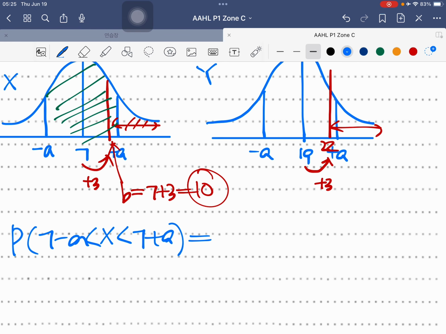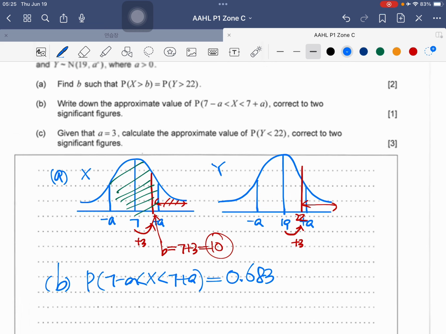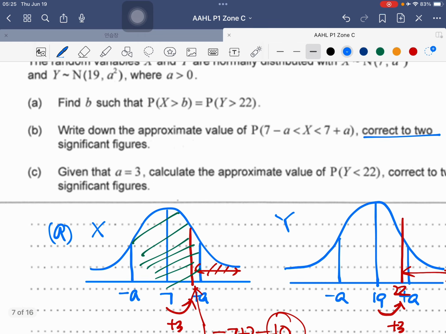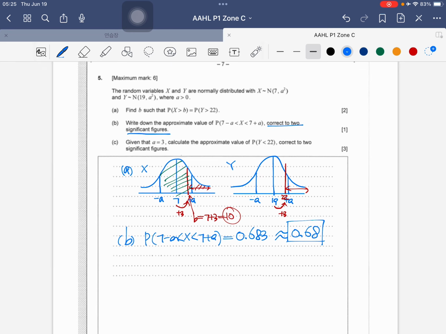The number is already known to us, which is 0.683. And then they want us to write it correct to 2 significant figures, so this can be written as 0.68 to 2 significant figures.